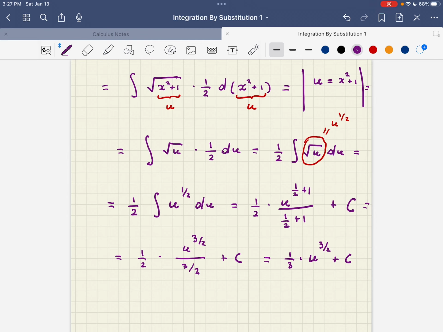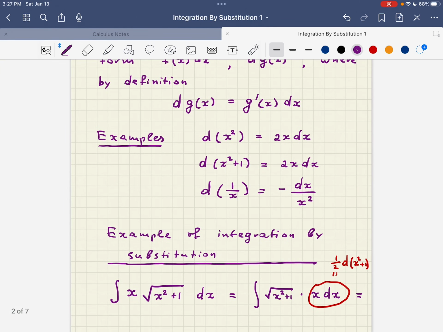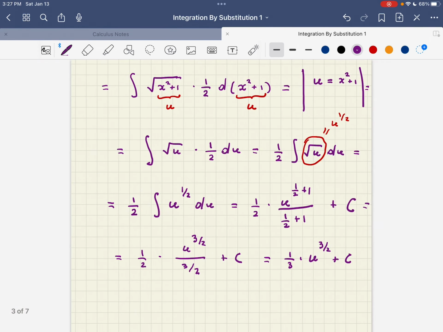Of course, we need to go back to the original variable x because our initial integral was stated in terms of x. We didn't have any u here, and our answer should be in terms of x. U is an intermediate variable that we introduced to help us solve the problem, help us integrate. But all we need to do here is just replace u with x squared plus 1.